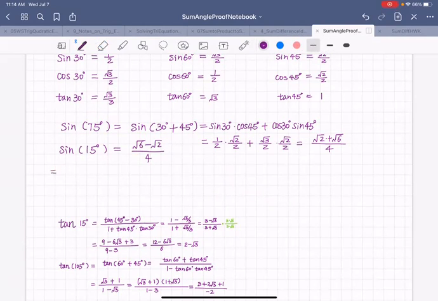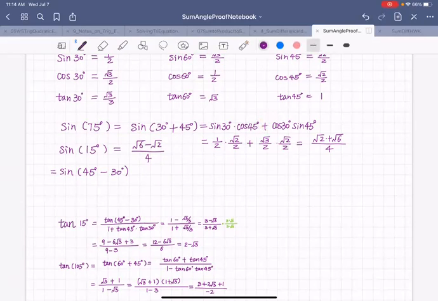That could be sine of 45 degrees minus 30 degrees. I kind of forgot the formula, but the only difference is this, it's just a minus, right?